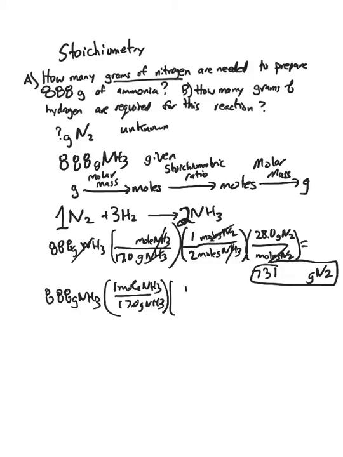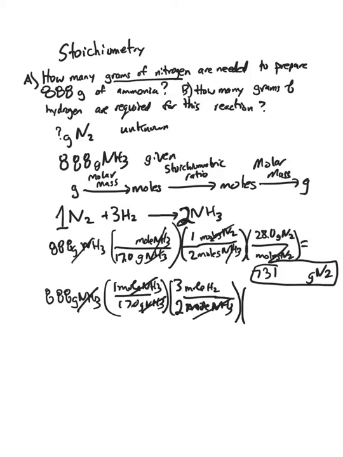Now we want to do moles hydrogen to moles of ammonia. Because grams ammonia divided by grams ammonia. Moles ammonia divided by moles of ammonia. And now my stoichiometric ratio is 3 moles of hydrogen to 2 moles of ammonia.